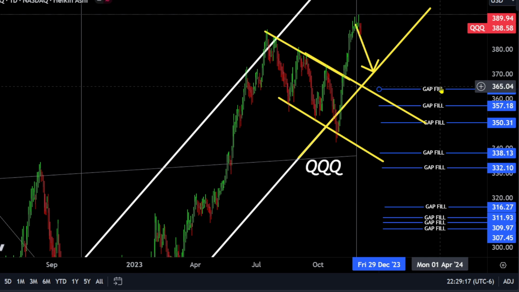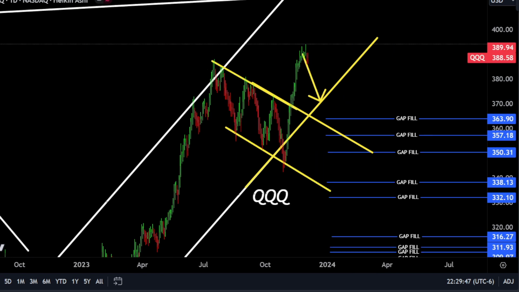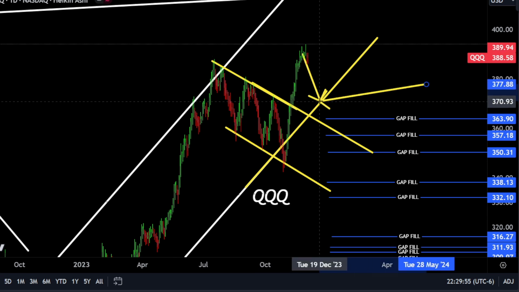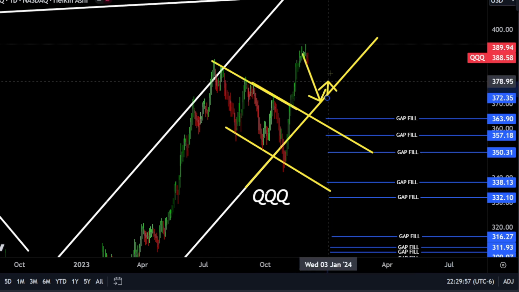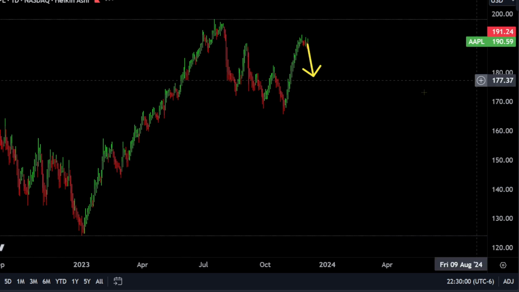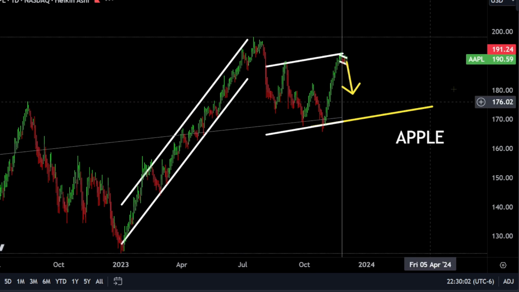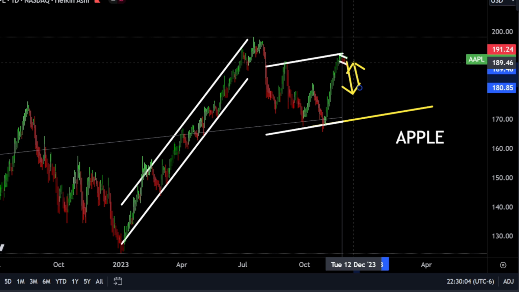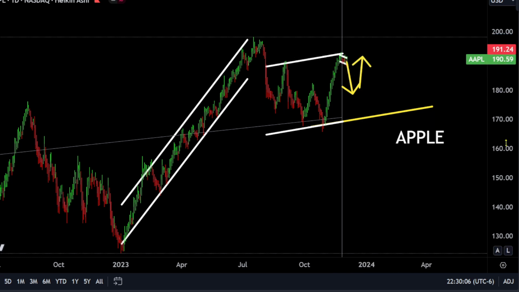You don't need to get aggressive, because most likely if the index has already hit support, that's going to control Apple. If the triple Qs hit support and then start to push, that's going to push Apple back up to its resistance, and then you're going to lose all your gains completely. So it's a waste of time.